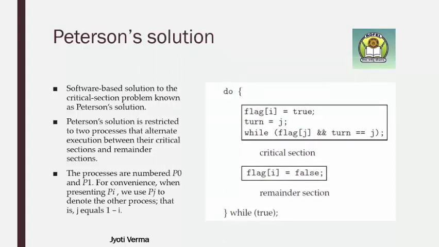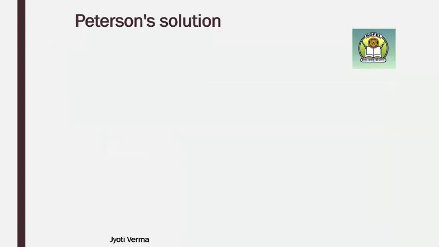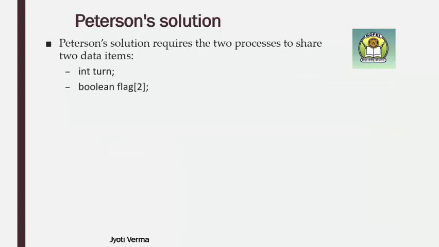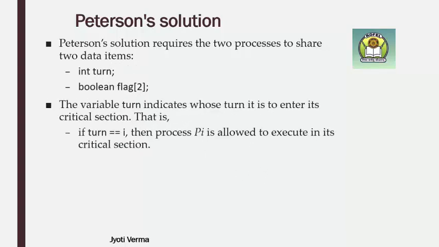So here, how many variables are we using? We are using two variables, the turn variable and the flag variable. The variable turn indicates whose turn it is to enter its critical section. That is, if turn equals i, then process Pi is allowed to execute in its critical section.